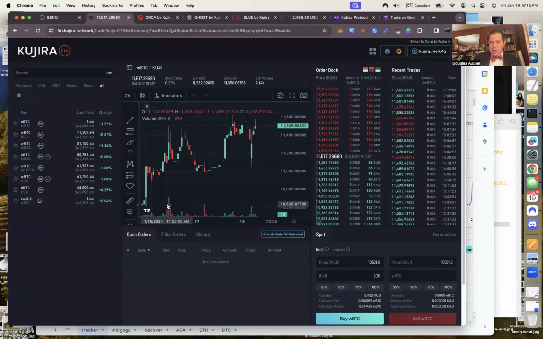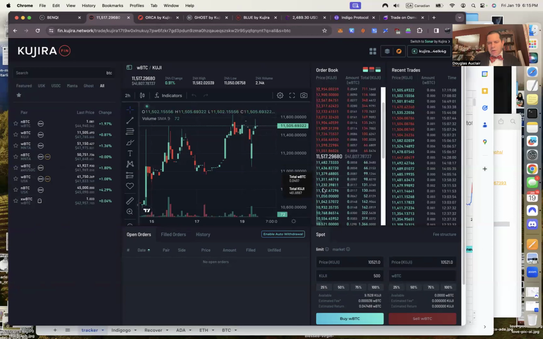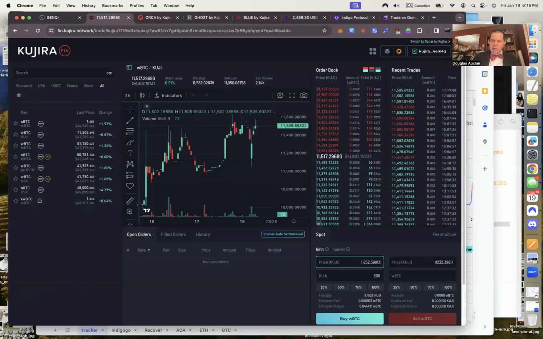I don't, because this is kind of low, but this here is kind of more reasonable. So I would go to 11,133, look for 500 Kuji around that price point, and I'll just undercut the 100, overcut the 100, and then that has a higher possibility of hitting.